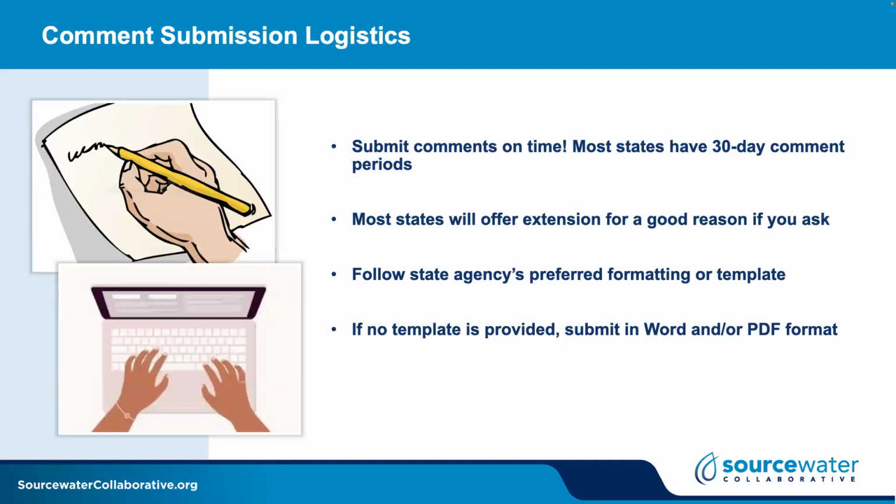Oftentimes, many stakeholders ask for an extension. If a state has a specific formatting or template that they would like your comment to be in, make sure you follow that preferred format. And then, if no template is provided, we recommend submitting in Word and in PDF format, just to make it as easy as possible for the person reading through your comments to consider and respond to them. Next slide, please.